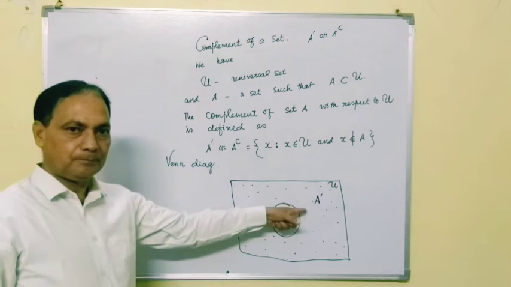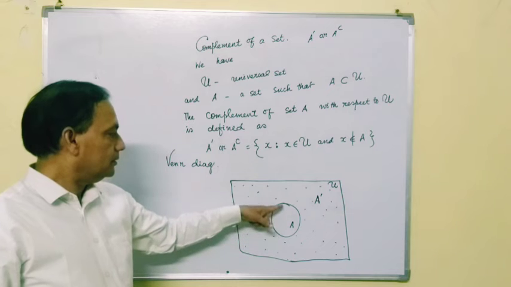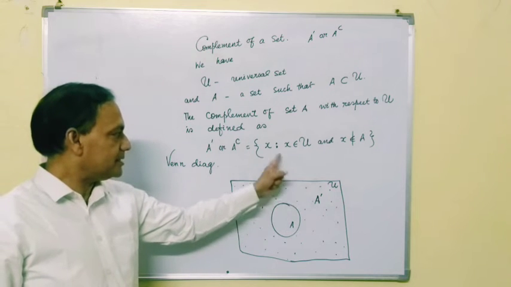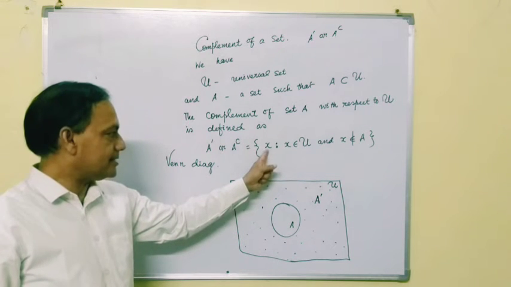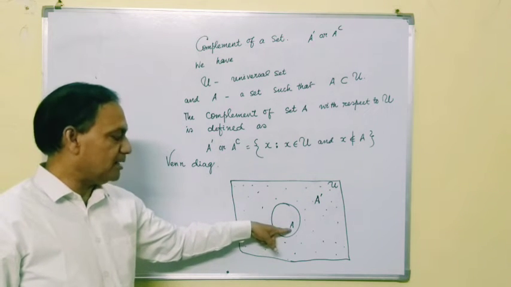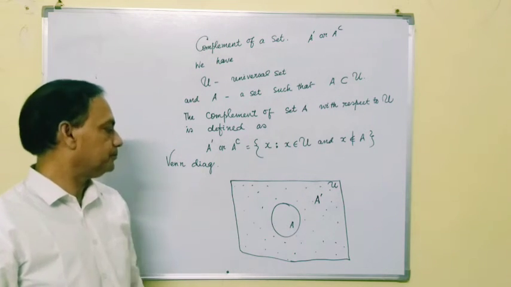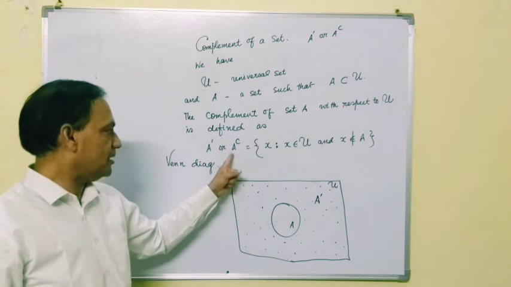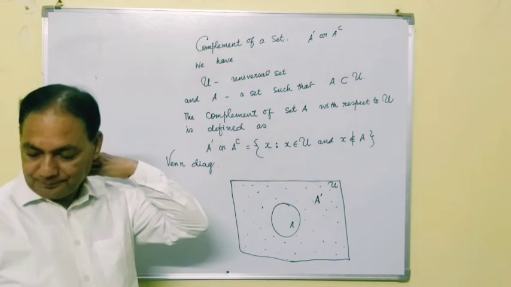Right? All the elements X belong to U but they do not belong to A. So this is the complement of set.